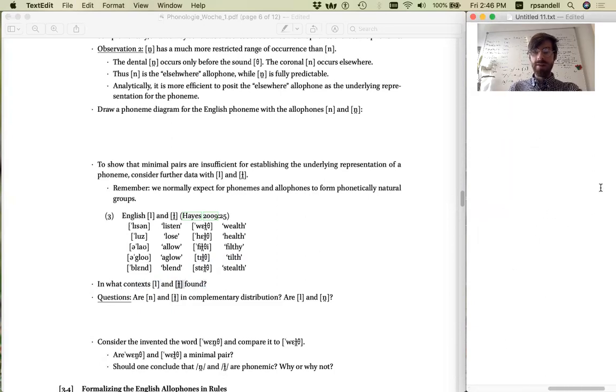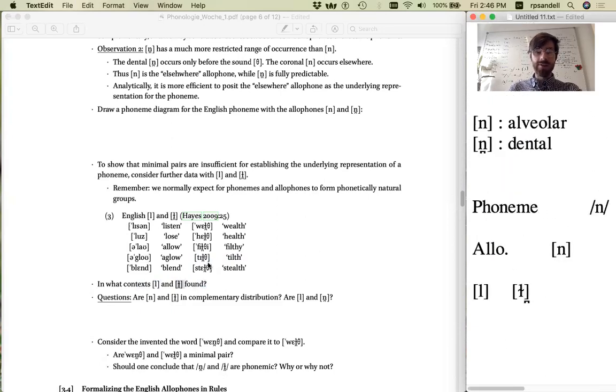So these two sounds, we can see, have basically the same distribution that our nasals did, right? The dark L with dental place of articulation occurs only before the interdental fricative, whereas the other, light alveolar L, occurs elsewhere. I'm going to note here that these two sounds are alveolar and dental, respectively.